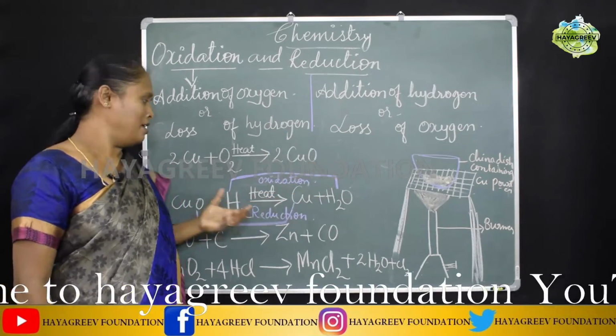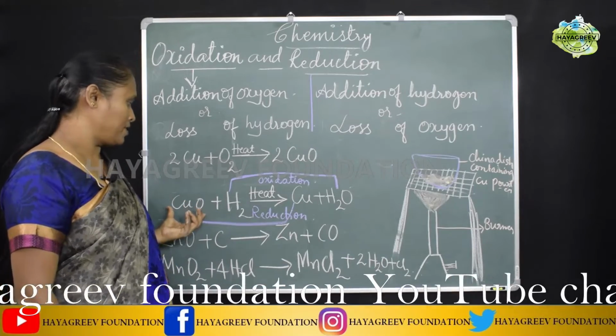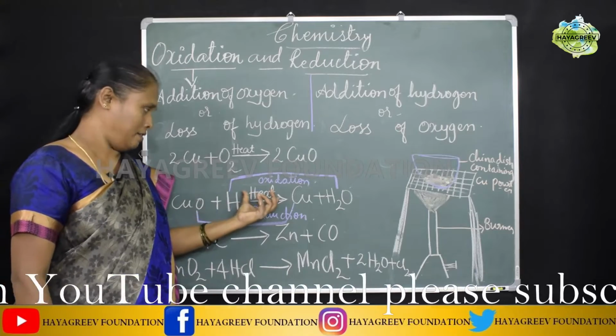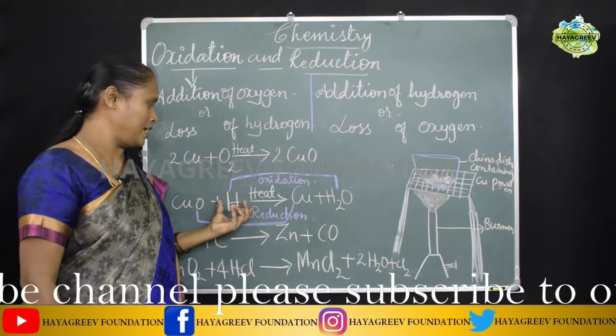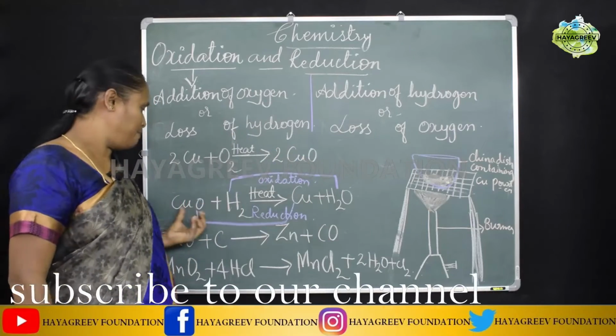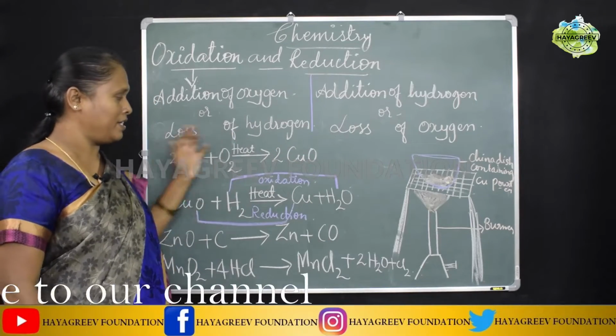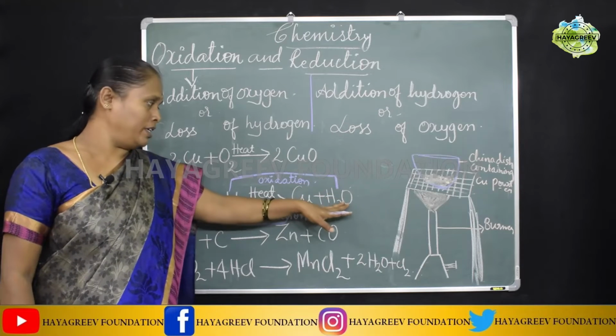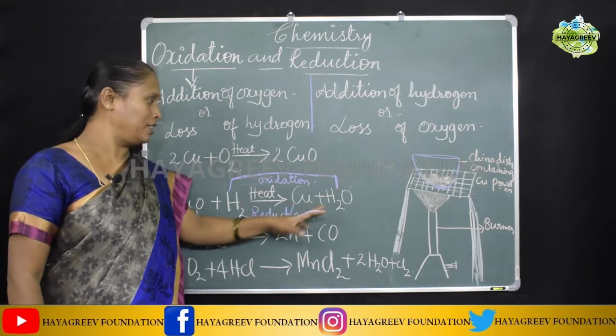Similarly, after this, when hydrogen gas is passed over that copper oxide under heat, you can see the reverse reaction. The black copper oxide will be seen to come back to its original reddish brown color with formation of water molecules. So this is reduction.